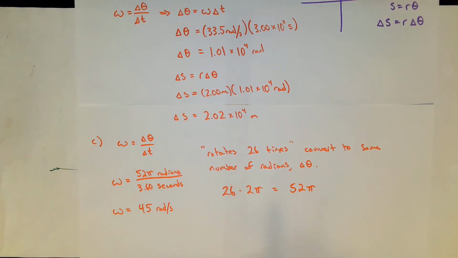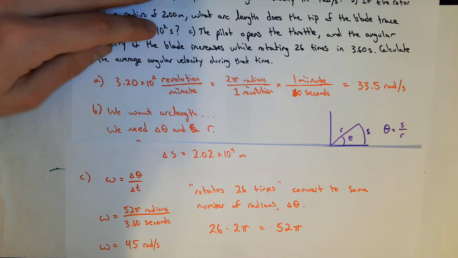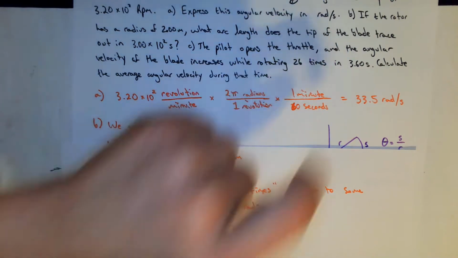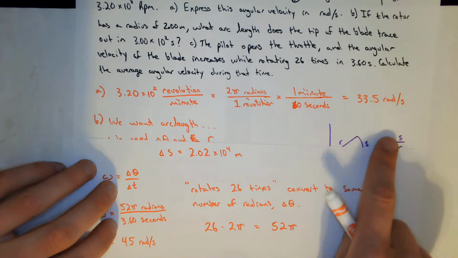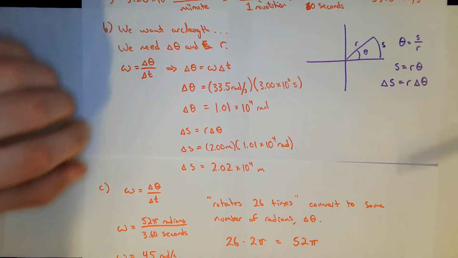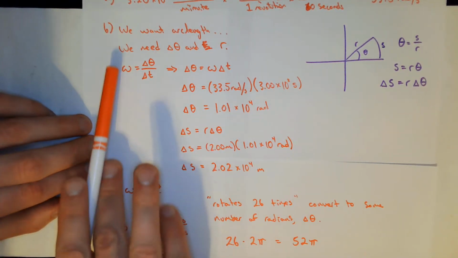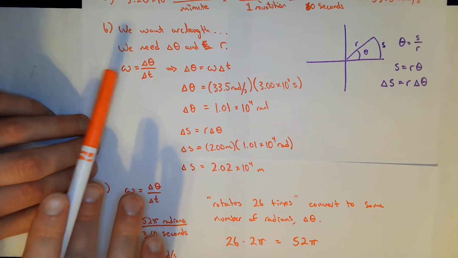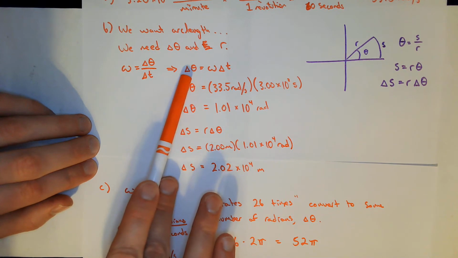So thinking about these things rotating and getting that to be some angular displacement is a very critical skill here. How many times did we do that? We did that in part A, needing to think about revolutions turning into radians, for this unit conversion for revolutions per minute to radians per second. Part B was kind of straight from the definition: if you've got angular velocity and you've got time, then you can find angular displacement.